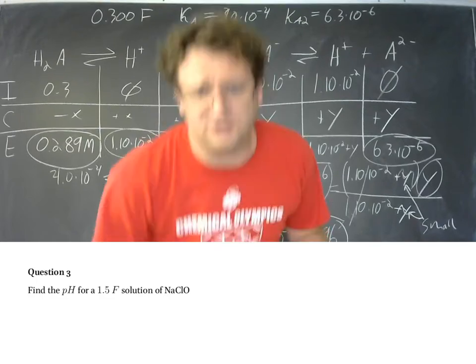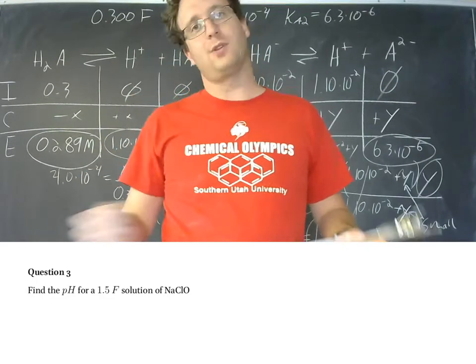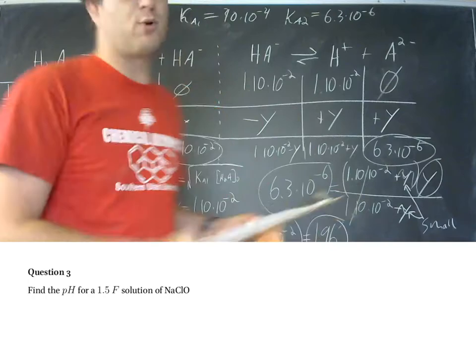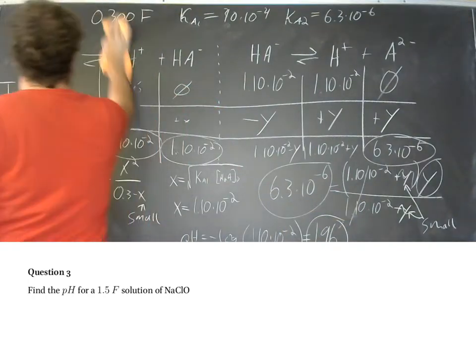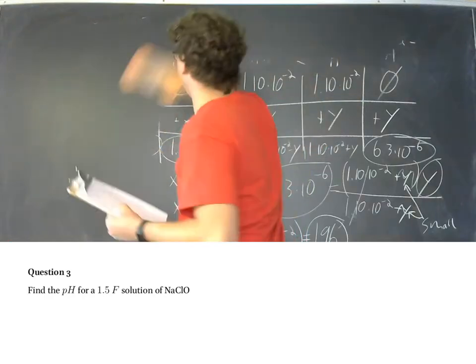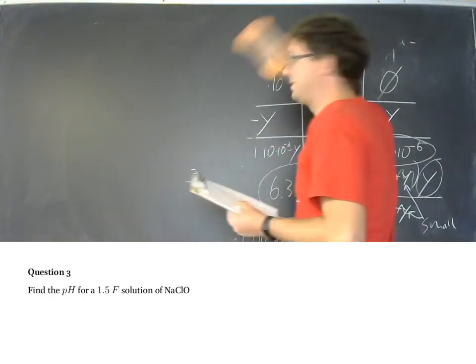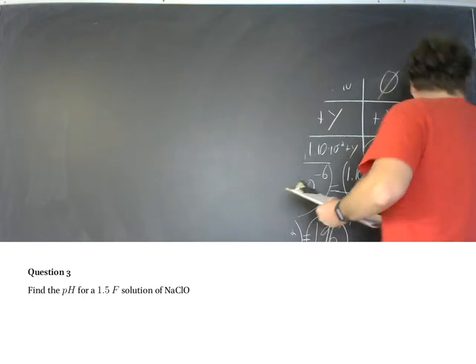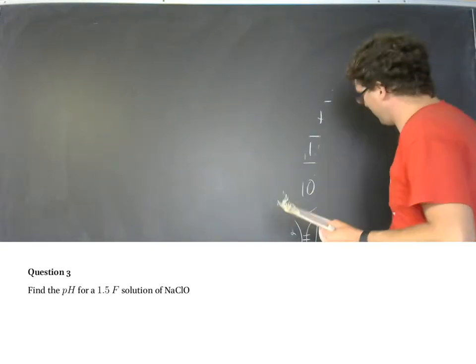Find the pH for a 1.5 formal solution of sodium hypochlorite. Now this is an ionic compound, so we're going to have to look at both the cation and the anion.